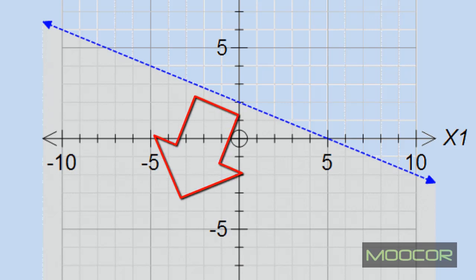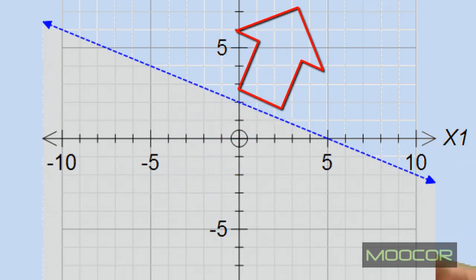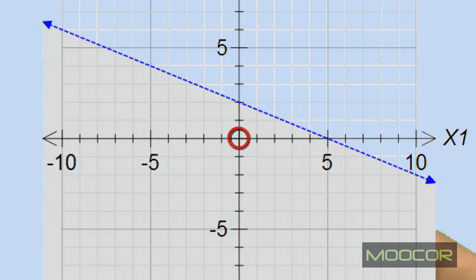The solution is on one side of the line. It's either this way or the other way. So if 0, 0 fits into the test and the result is true, then that's where the solution is.